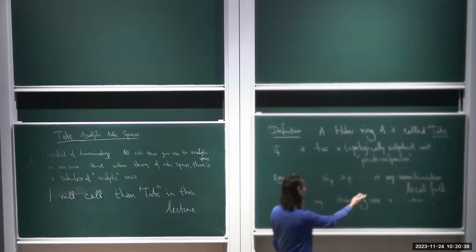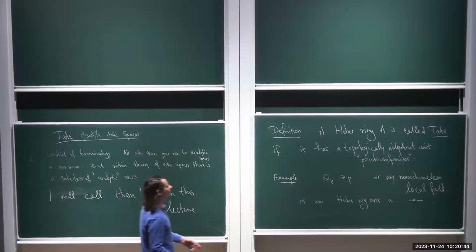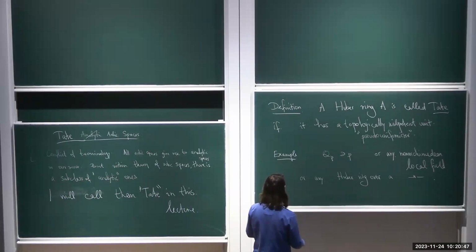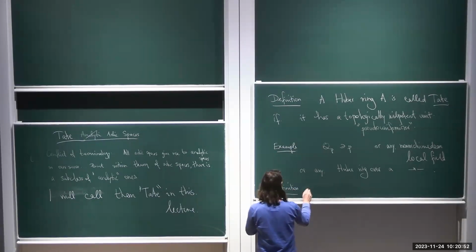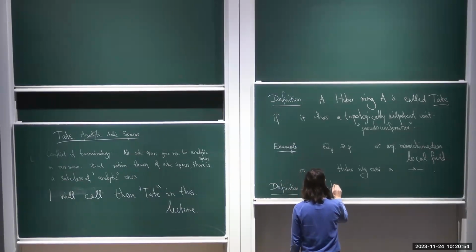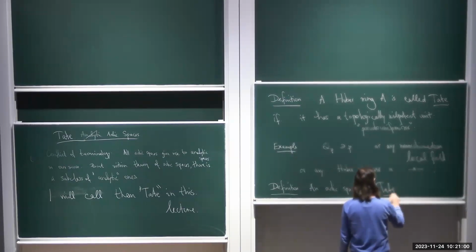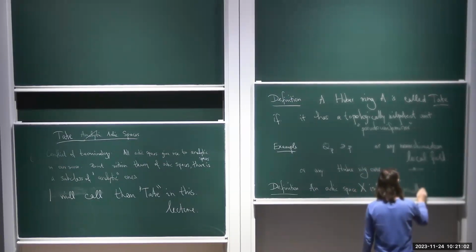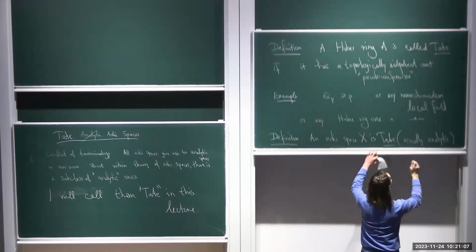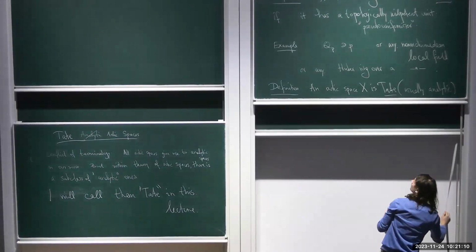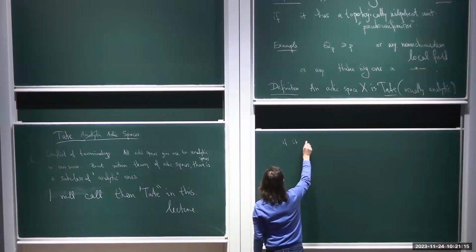Because when you have a topologically nilpotent unit in some ring, then for anything above, you also. And then we call it a Tate adic space, so that's usually called analytic, if it is covered.